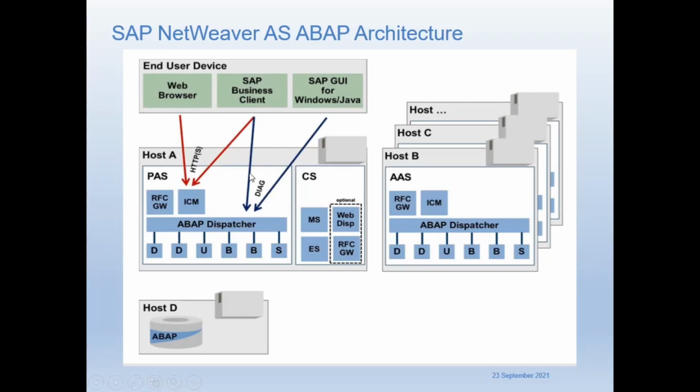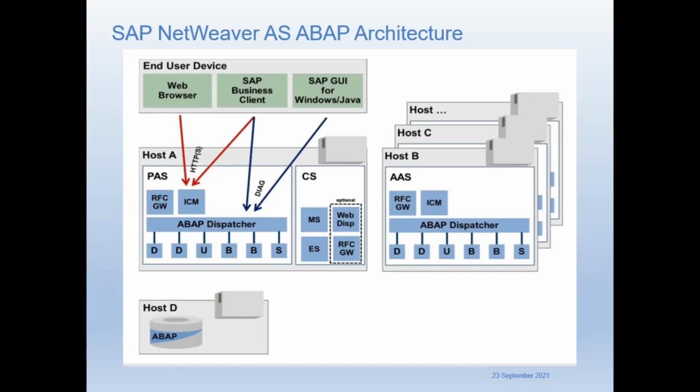In the primary application server, by default, the request will be handled by the dispatcher. There is a component called dispatcher. The dispatcher's job is to dispatch your request. The dispatcher will take all the user requests from different modes of communication. Then the dispatcher will have a dispatcher queue.